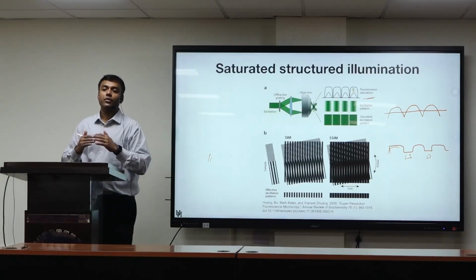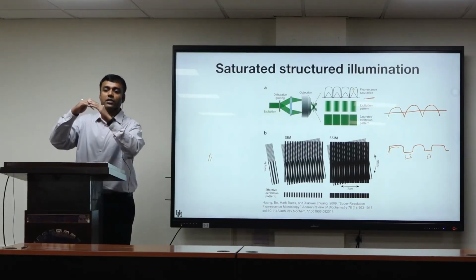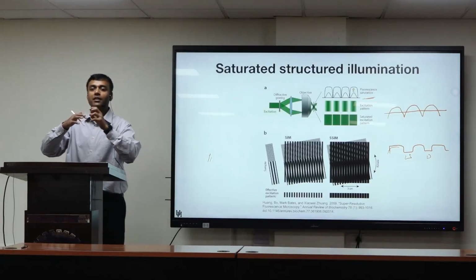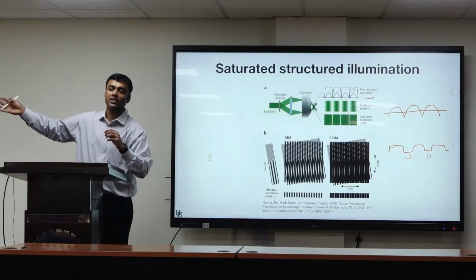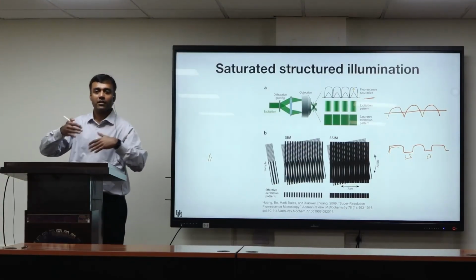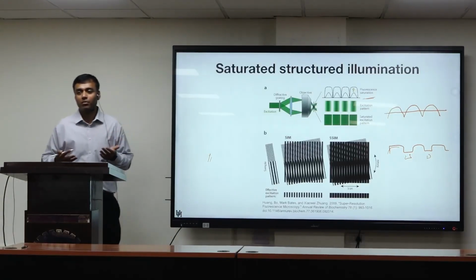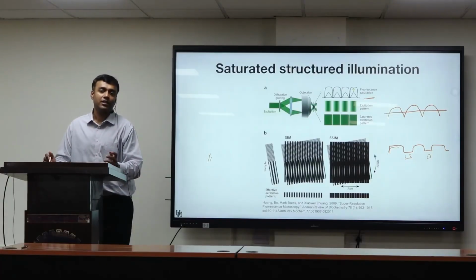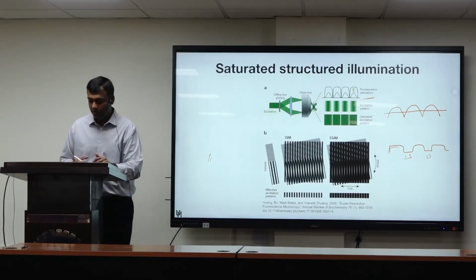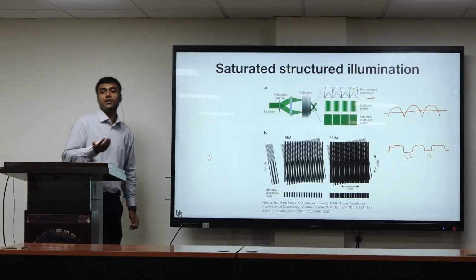So if you put in so much light that all of the fluorophores are getting to the maximum, then at some point increasing the number of photons does not give you extra fluorescence signal. That means things are saturated, and normally that's a problem because it becomes non-linear. But you can use that to your advantage in this situation and get better resolution than the diffraction limit.